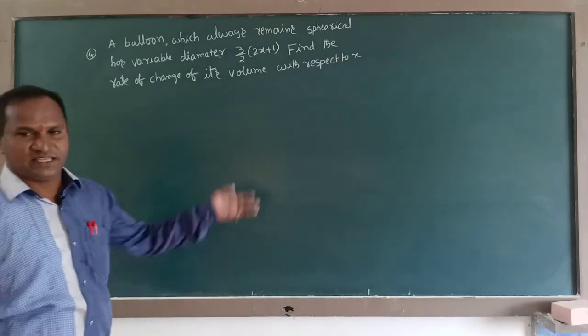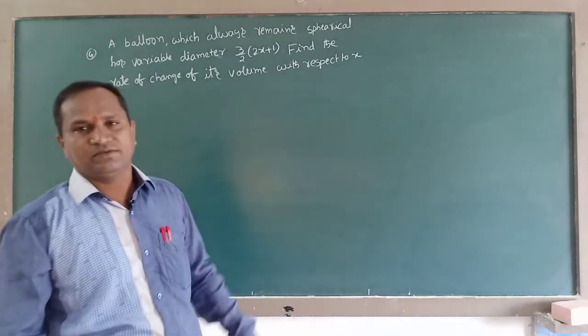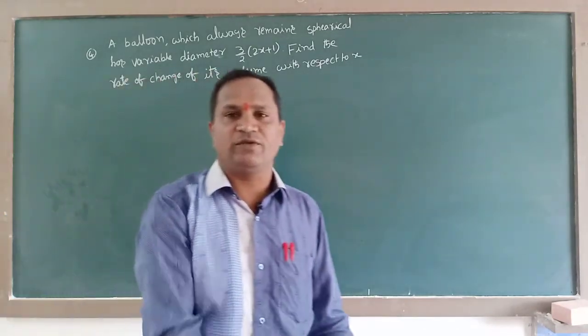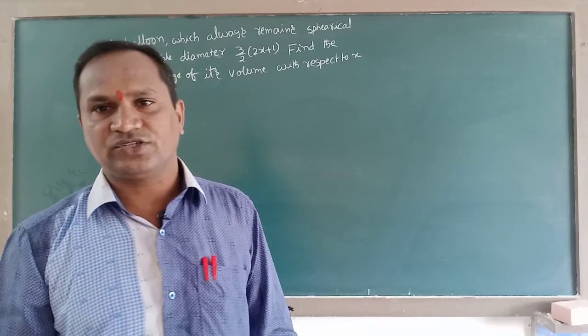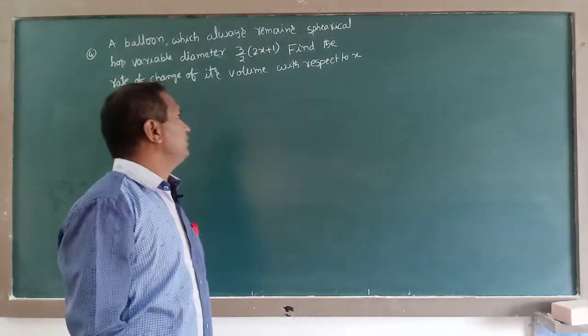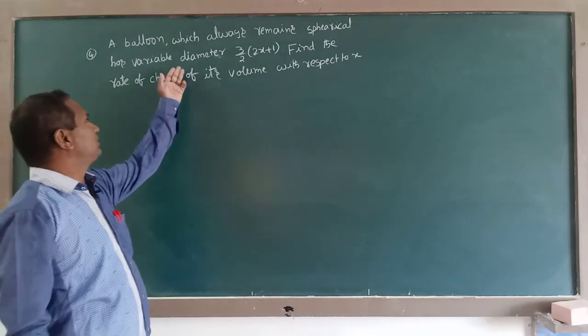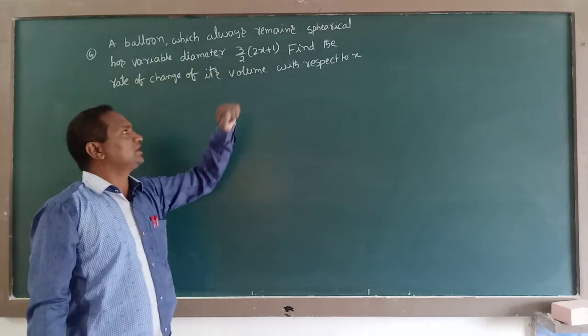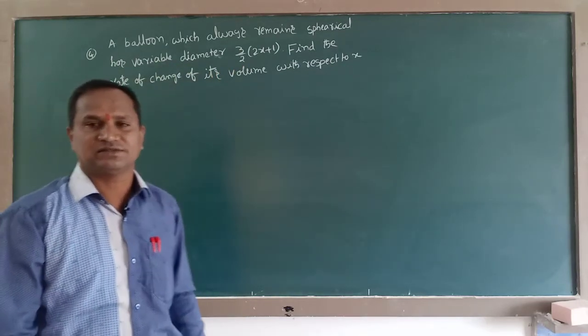They ask directly with respect to x, so easily we can take the differentiation with respect to x only here. They gave the variable diameter 3 by 2 of 2x plus 1.